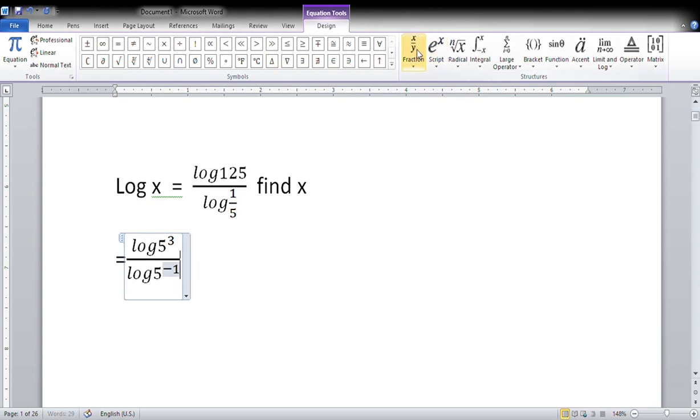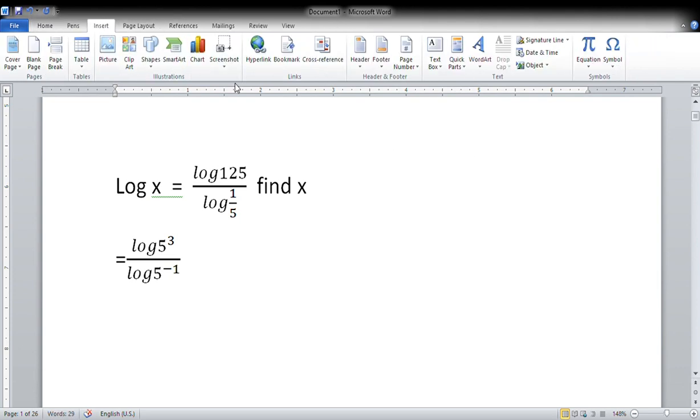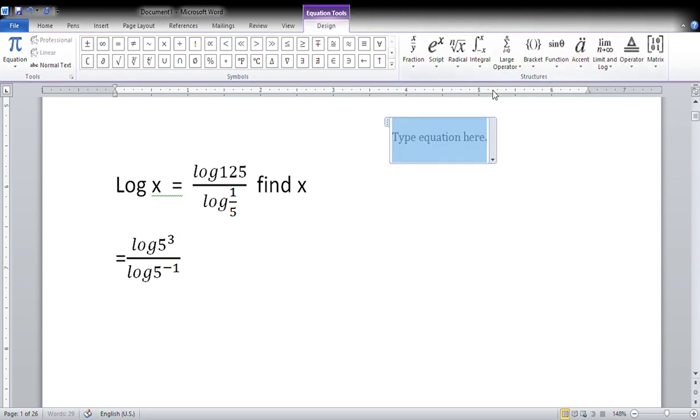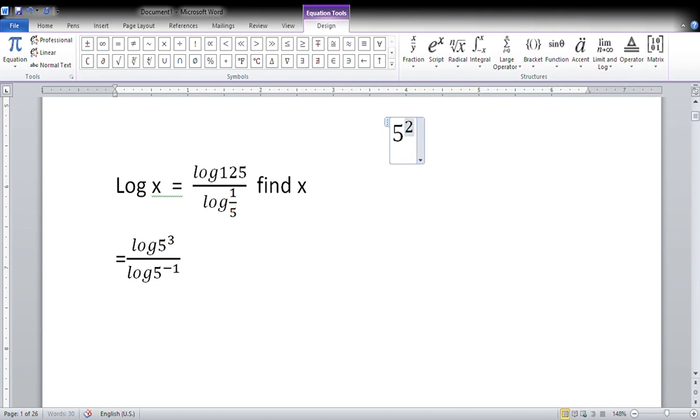Suppose I'm giving you one example, from the concept I already studied in indices. Suppose a number is given, 5 to the power 2.